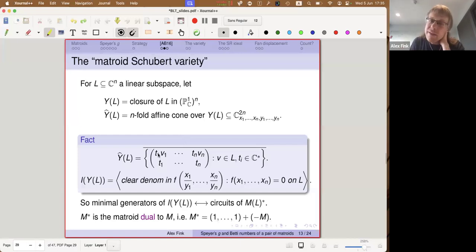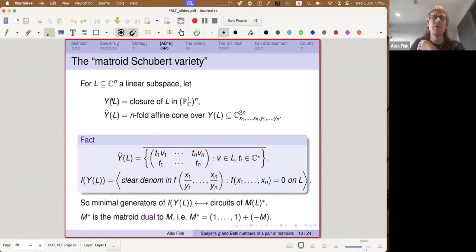If I take a point of my linear space, then I take the 2 by n matrix where the coordinates of that point appear in the first row, all ones appear in the second row, and then I can rescale each column independently because of the n factors of P^1. That's why I have the T1 through Tn here. I have a diagonal n-torus action on this 2 by n matrix. And the closure of the space of such matrices is this variety, y hat of L.